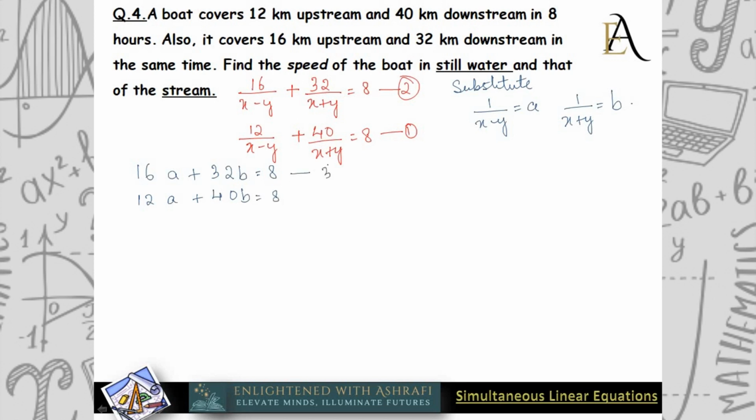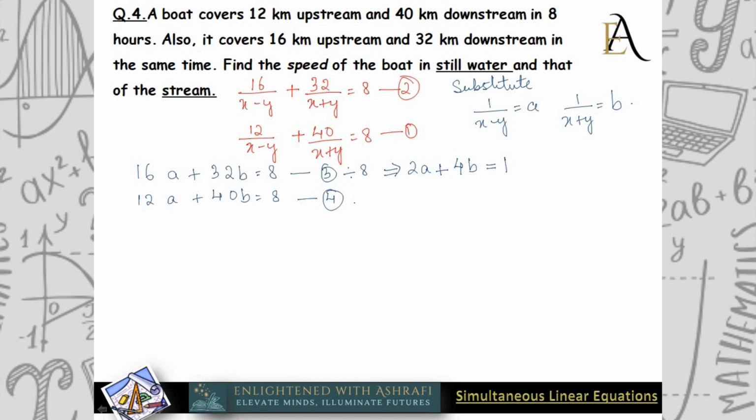This is equation 3, equation 4. If you see, they all have a common factor. Let me divide this by 8. 8 twos are 16, 8 fours are 32, so I get 2a plus 4b is equals to 1.